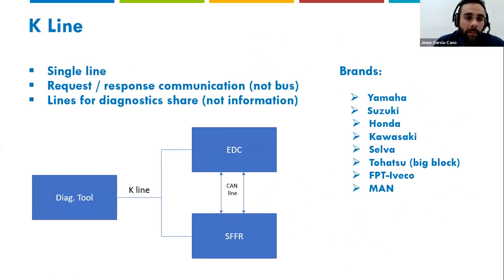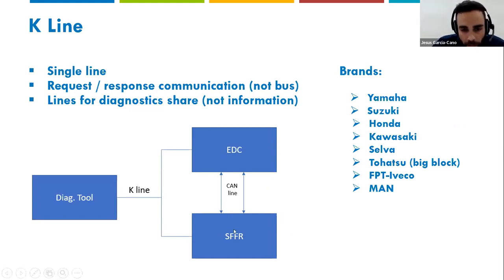Okay, we change now. We finish with the buses, and now we start to talk about request and response communication, not bus. Okay, the K line is a single wire, and the lines are only for diagnostics, no information is shared between control units. Here in the example, we can see a typical MAN structure. Okay, MAN engine.